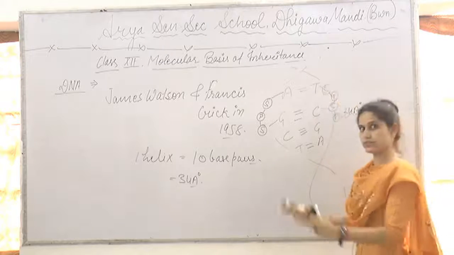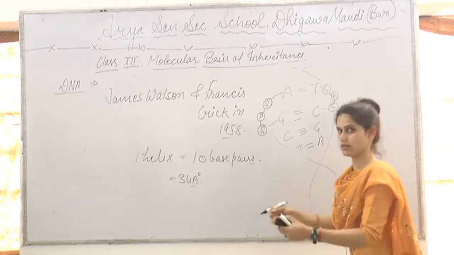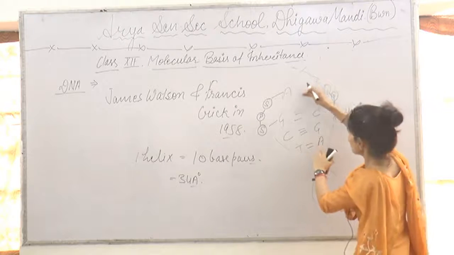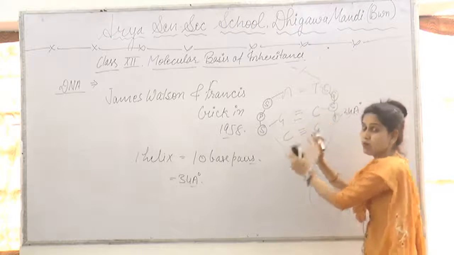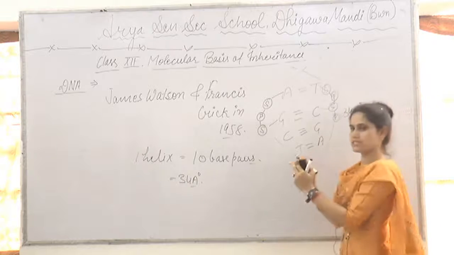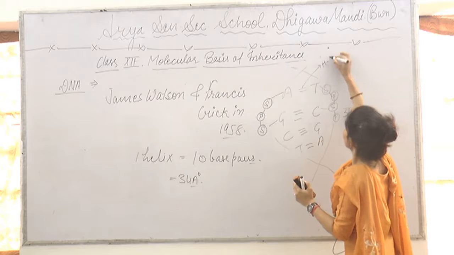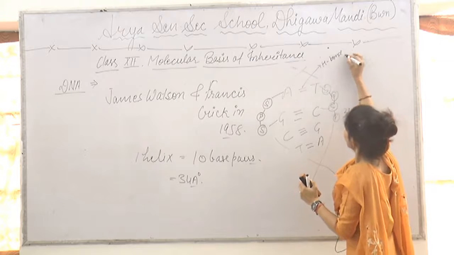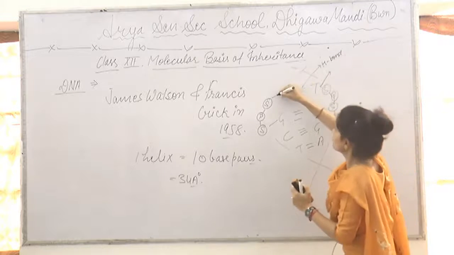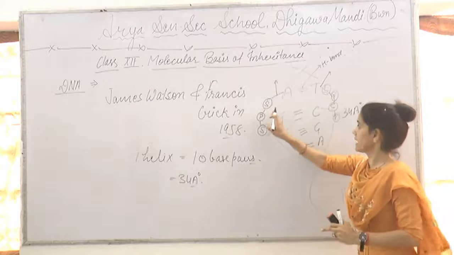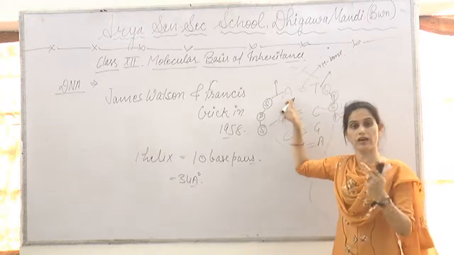The connection of nitrogenous base to pentose sugar, and this bond which is present in between both the strands of DNA, that bond is hydrogen bond. Then what about this bond which connects pentose sugar to nitrogenous base?